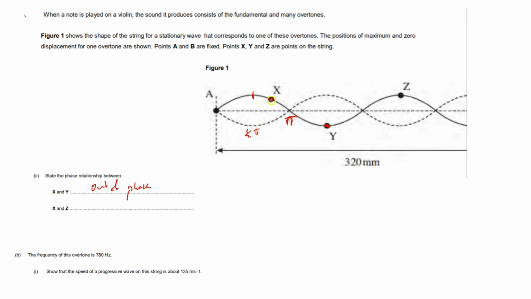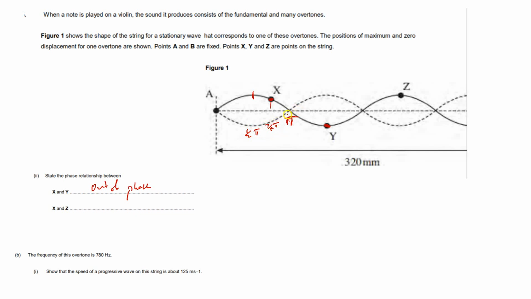So at this point would be at least, let's consider here, this is going to be at least 3/4 of pi.